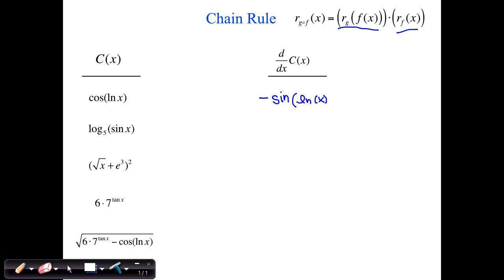But the fact that it is natural log of x and not just an x is important. I need to multiply by the derivative of this inner piece here. Natural log of x, its rate of change function or derivative is 1 over x. So the derivative of function c of x is negative sine of natural log of x times 1 over x.